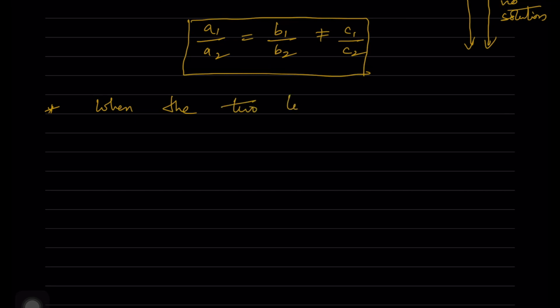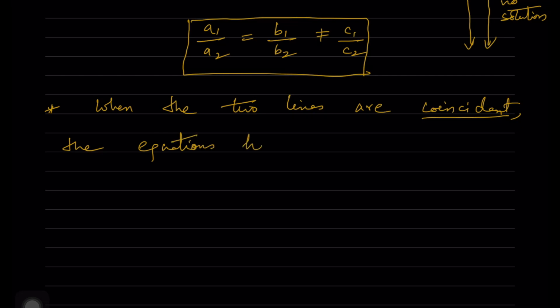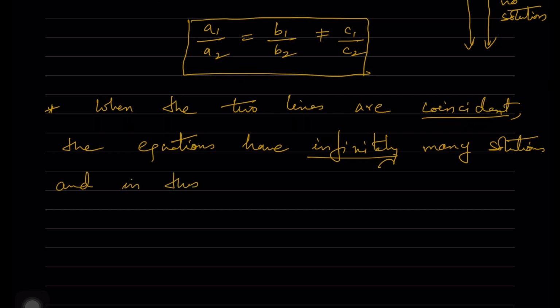Next condition is when the lines are coincident. When the two lines are coincident, the equations have infinitely many solutions, and in this case the pair of linear equations are consistent.